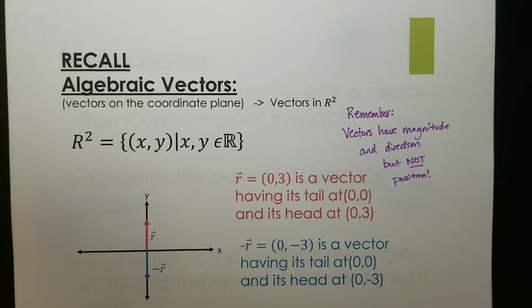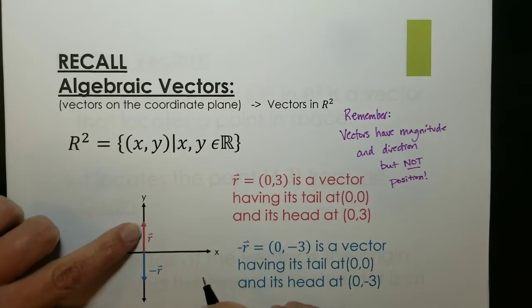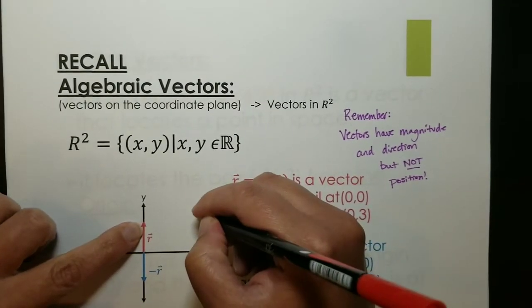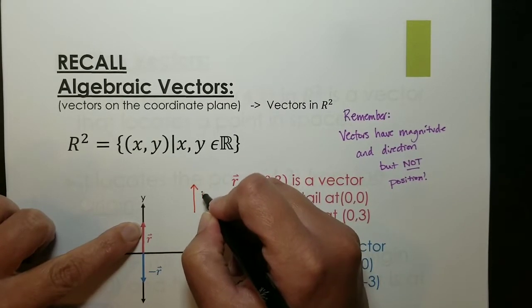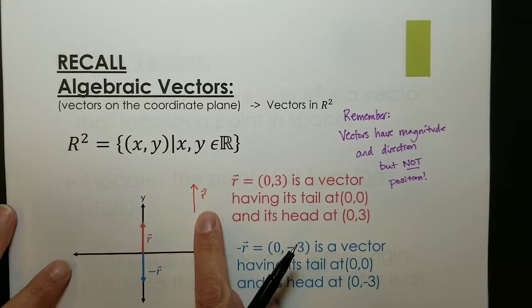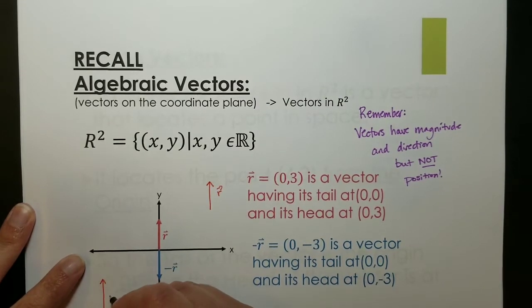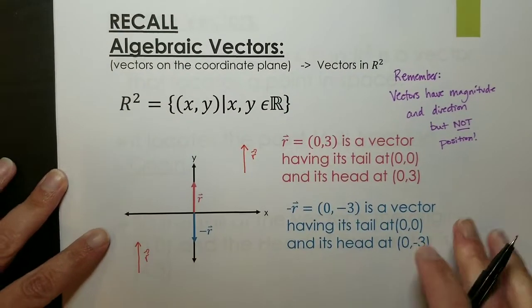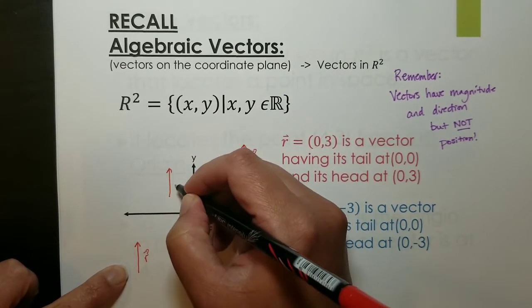We give them this arbitrary location as starting at the origin, but this vector r, if you drew it, and I think I actually did this the first time we had this slide as well in the video earlier, if we drew that r over there, it's the exact same vector. If we go down here and draw the r, as long as the magnitude and the direction are equal, that vector is the same.